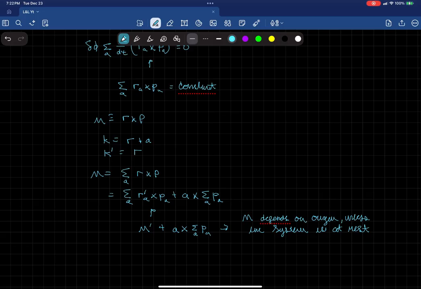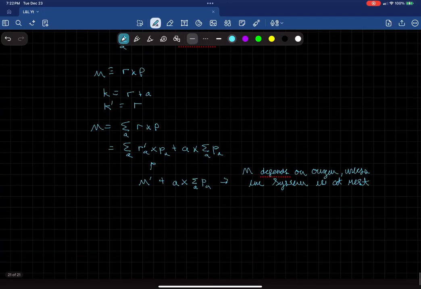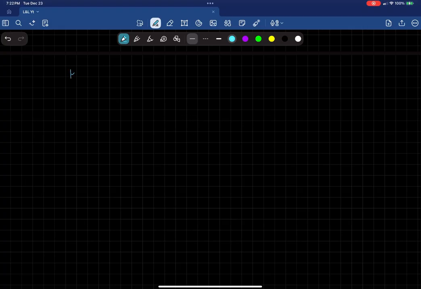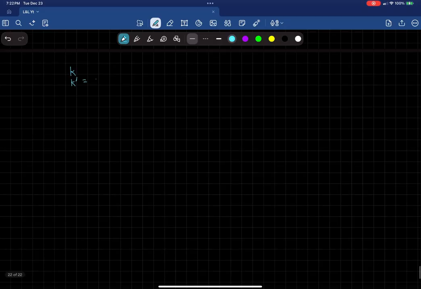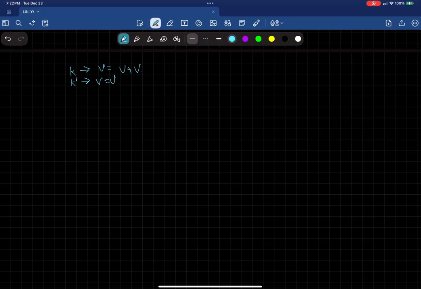Now, the same can be done for velocities. If I have two frames, again, I'm going to call them K and K prime, and in K prime, my velocity is just going to be v, and in K, my velocity is going to be equal to v plus v1.